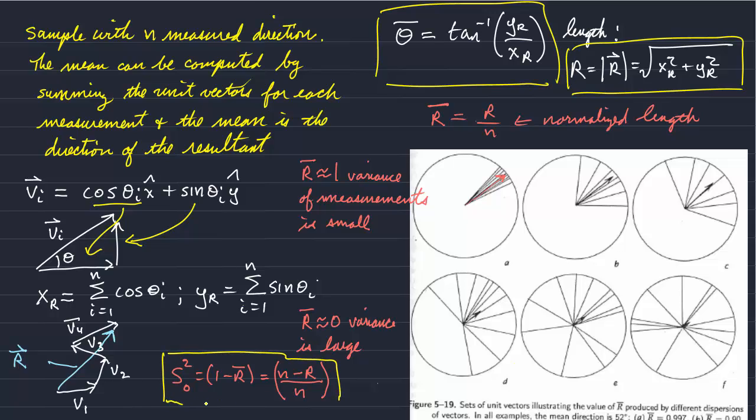So it's straightforward to calculate the mean direction and the variance through this resultant vector when all the measurements have a unique direction, which is true for directional data. You'll recall that oriented data, however, has 180-degree ambiguity in the direction. So let's consider how to compute these quantities with oriented data.